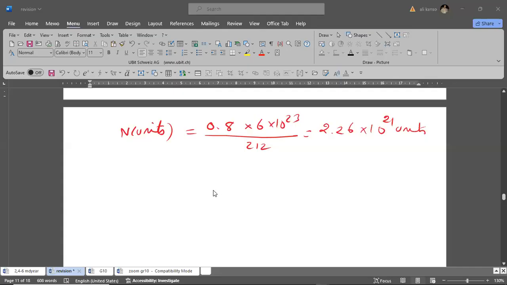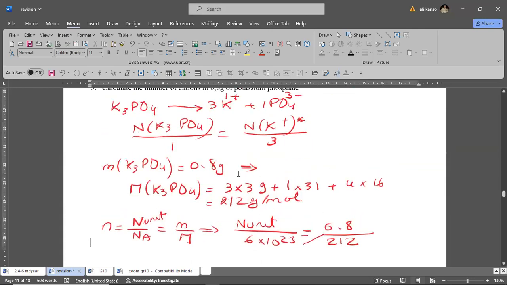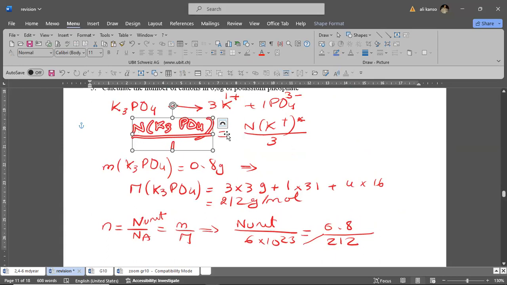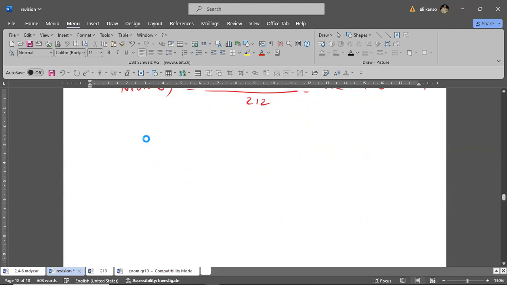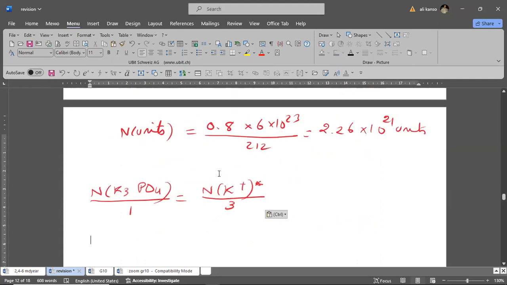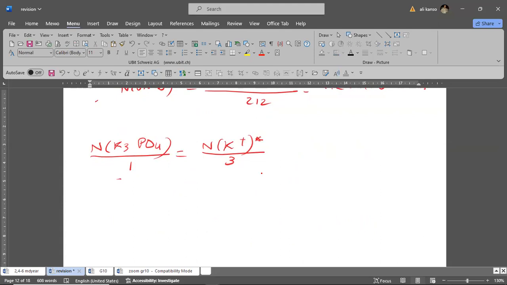Then what do we do? We had written here the relation between cation and formula unit. We take it down here and say what we have now. We have 2.26 times 10 to 21 units over 1 equal N of K plus over 3.